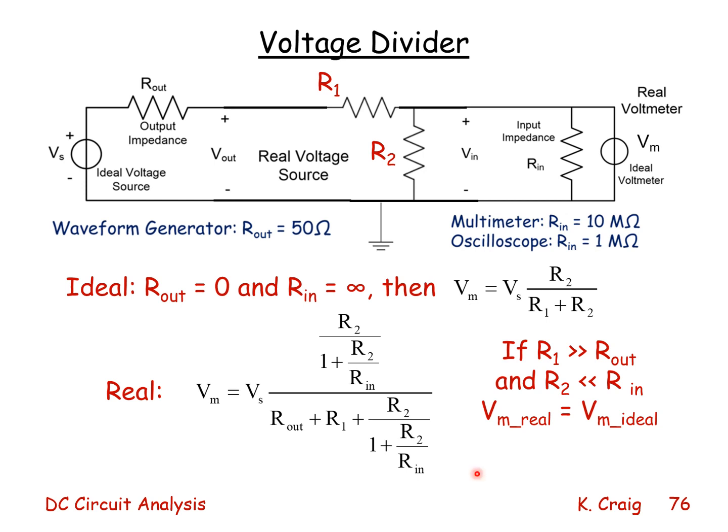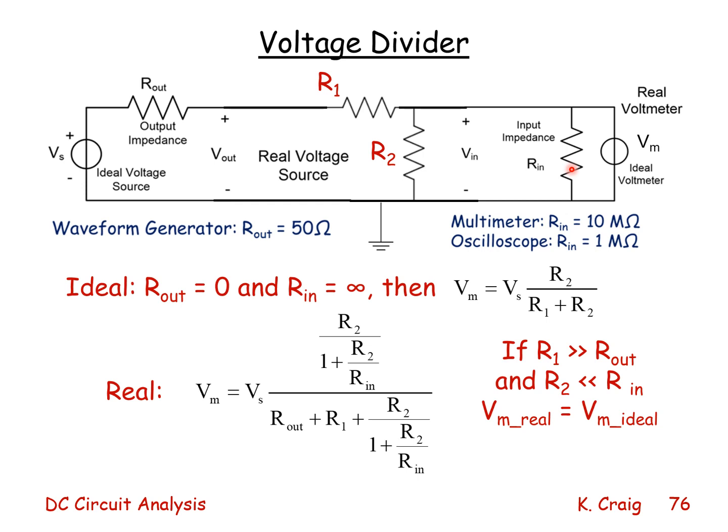Here we see a real voltage divider that has a real voltage source and a real voltmeter. The real voltage source consists of an ideal voltage source and an output impedance. The real voltmeter consists of an ideal voltmeter and an input impedance.